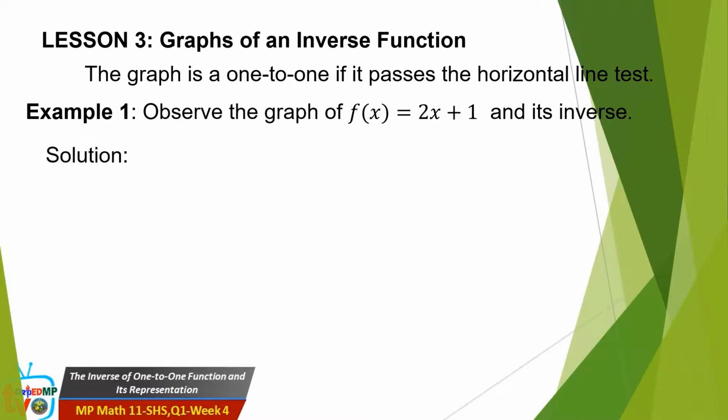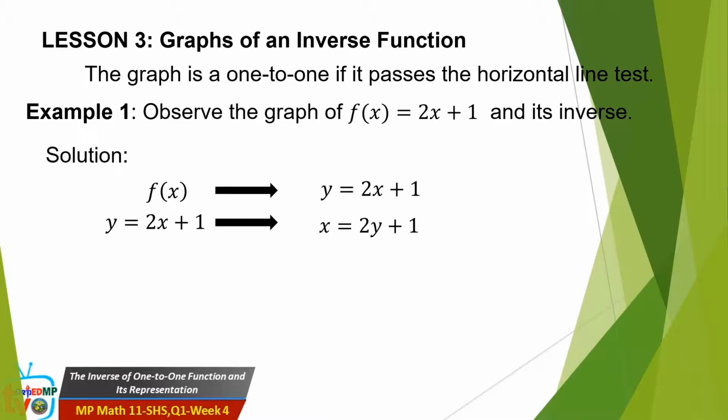Solution. Change function f of x to variable y. So y is equal to 2x plus 1. Then, interchange the variables x and y. From y, which is 2x plus 1, interchange it to x, which is 2y plus 1. Simplify x, which is 2y plus 1, by transposing 1 at the left side.